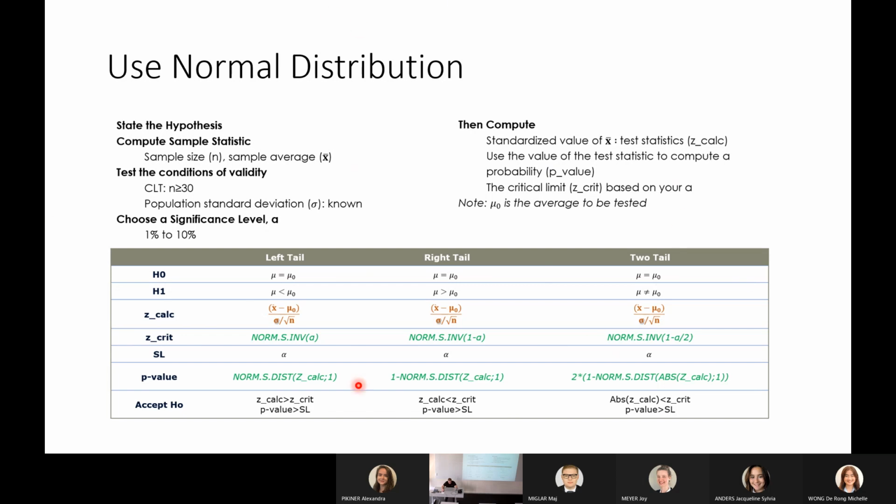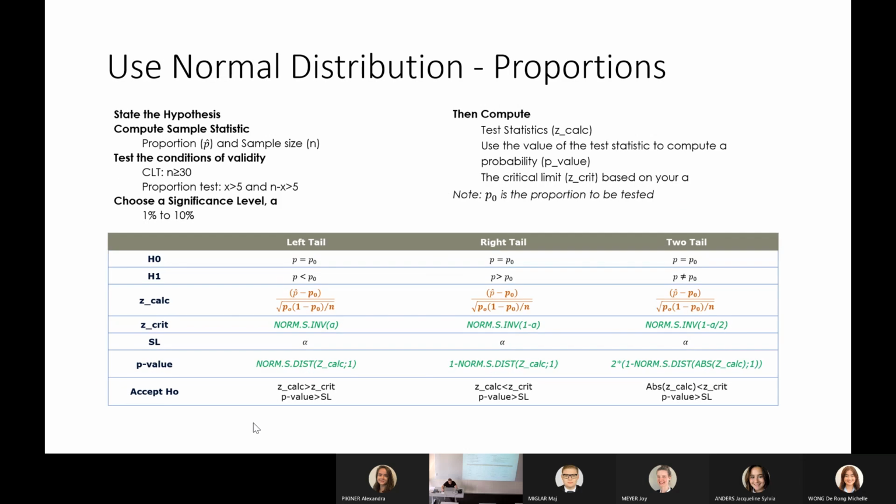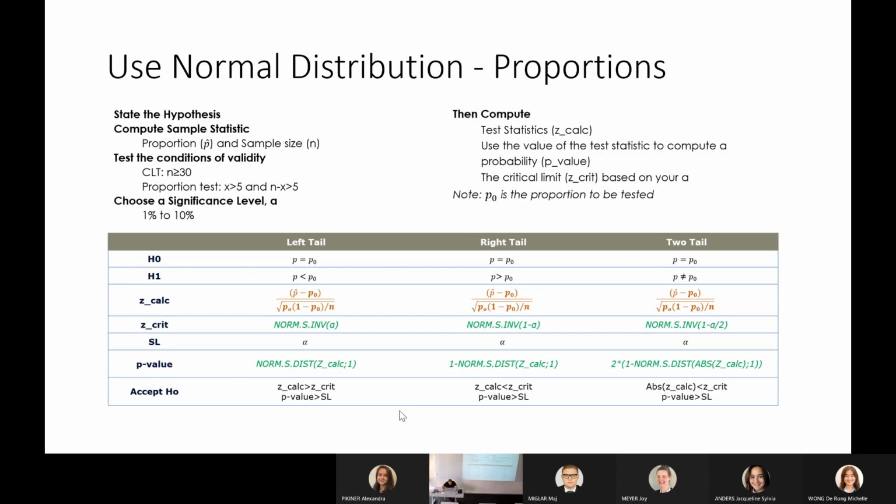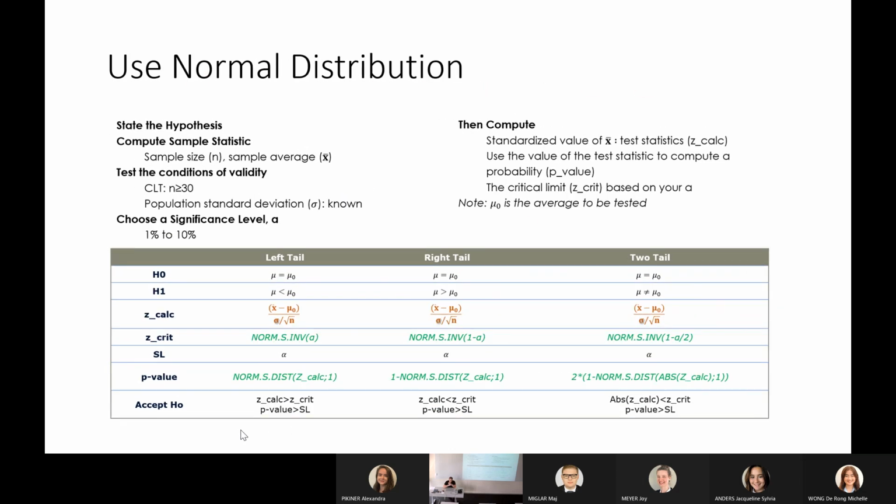These 3 sheets I won't really go into, but this is pre-formatted data on how to work on hypothesis testing. You just have to choose which one you are doing. We have 3 main ones: using the normal distribution, using the t-distribution, and using proportions.